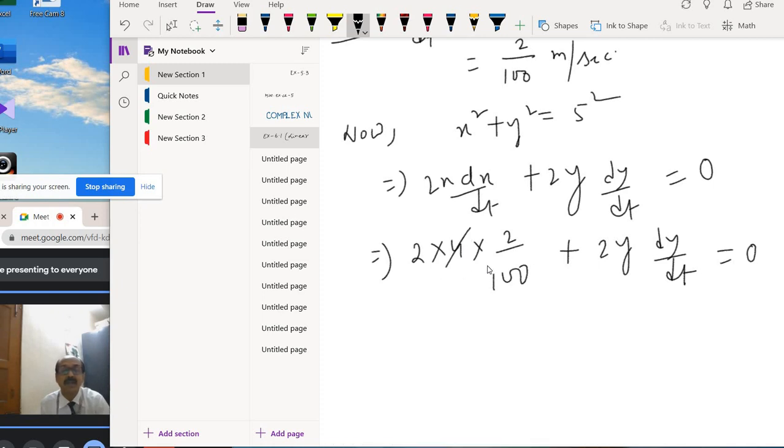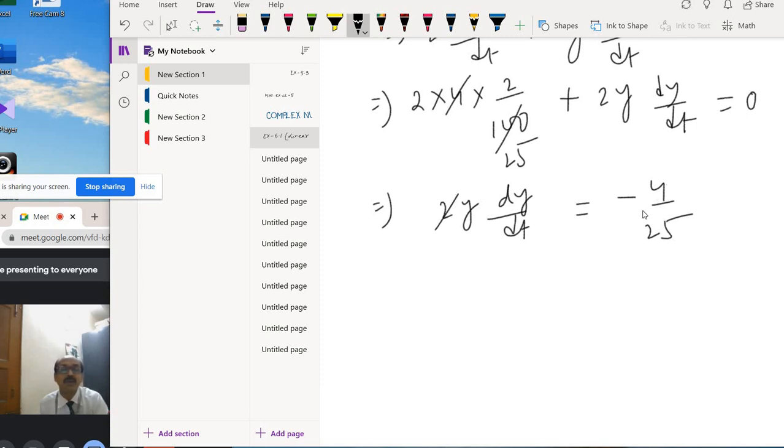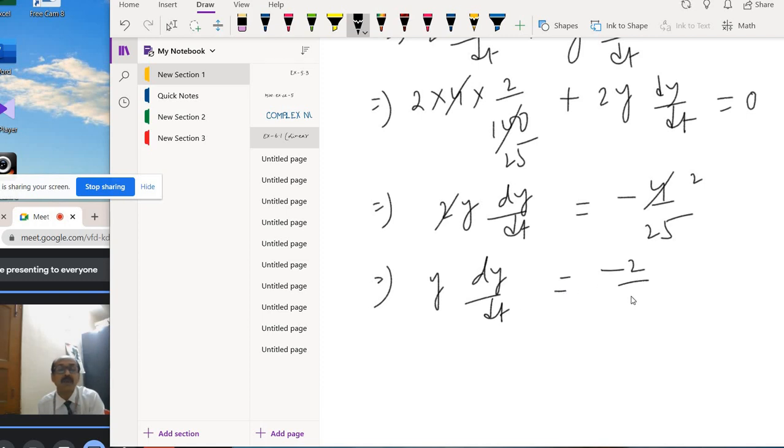So 2y dy by dt equal to minus 4 by 25, so y dy by dt equal to minus 2 by 25. This is number 1.